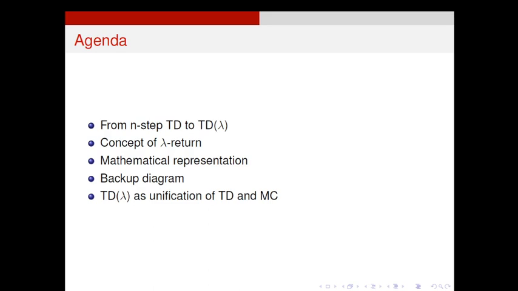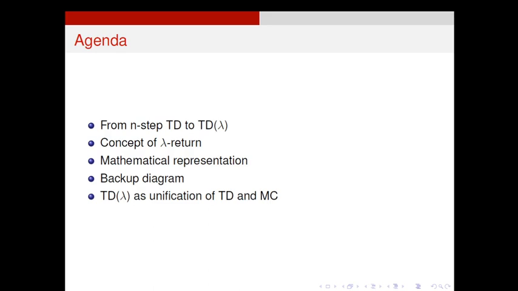In this short video session, we will look into the transition from n-step TD to TD lambda, how we convey all the information captured through n-step TD to TD lambda in such a way that it contains all the good information from both Monte Carlo and the temporal difference approach. Then we will see the concept of lambda return.